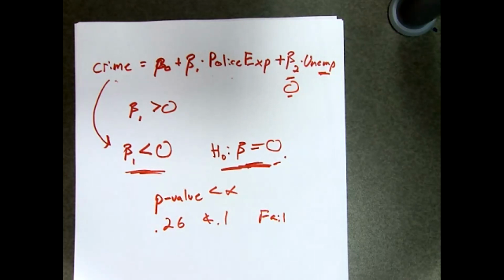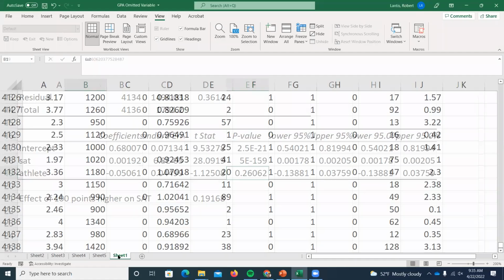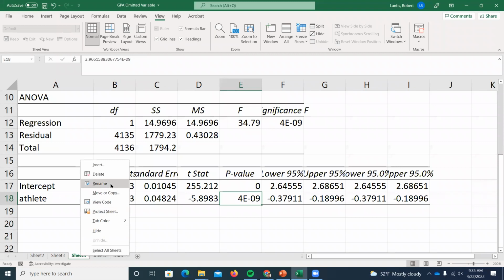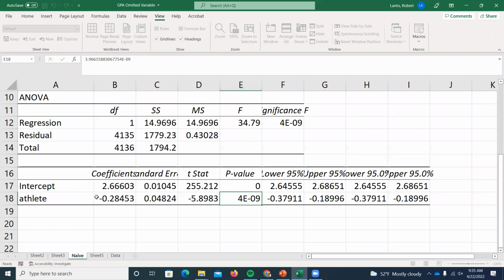So we went from thinking, here was my data, here was the first regression we ran. So this was my naive regression. If I ran a very naive regression, I'm like, oh man, I should never encourage someone to be a student athlete, right? It really hurts your GPA.